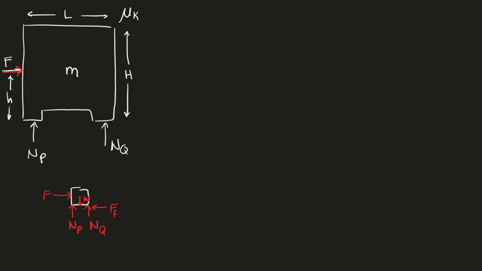So now it's just a matter of summing the forces. I'll begin by summing the forces in the y direction. And what do we have? Going up is NP plus NQ, and then going down is the weight, W. All right, easy enough.